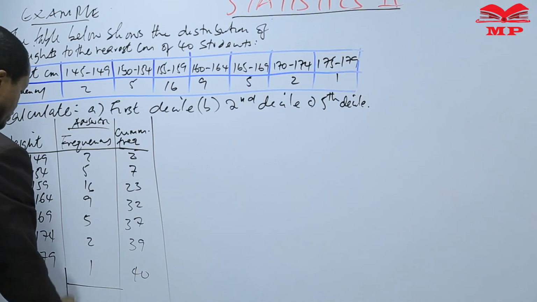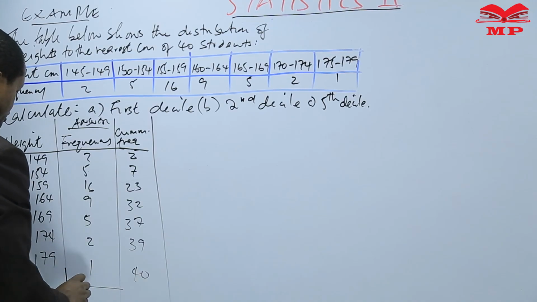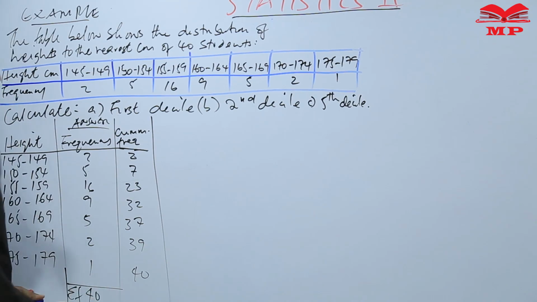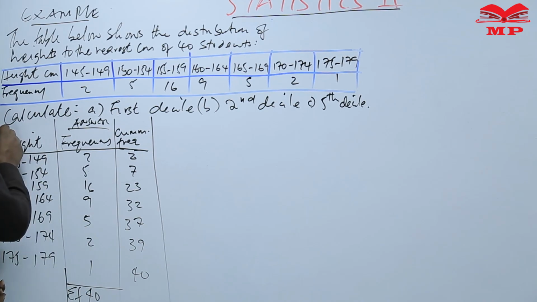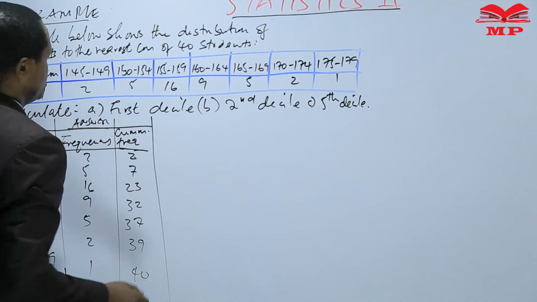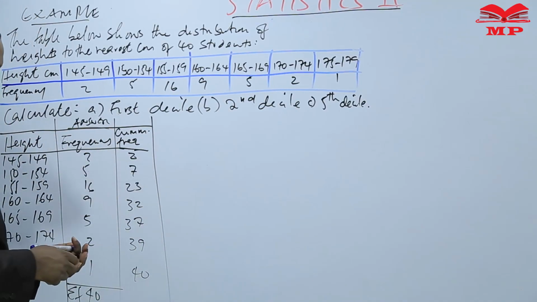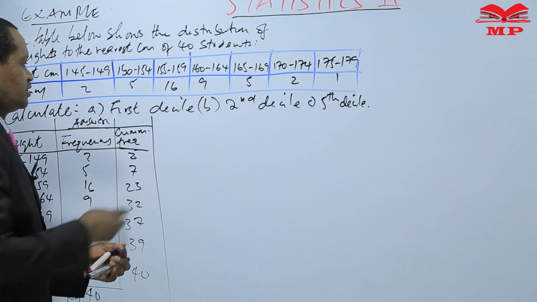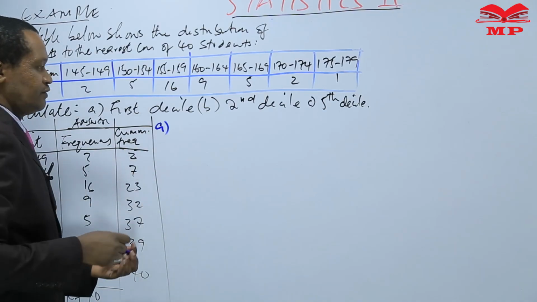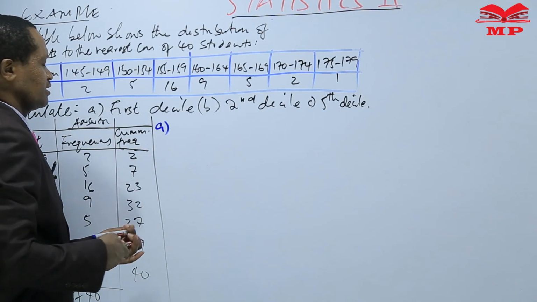The total frequency here is equal to 40. With this table, we should be able to first answer the first decile.